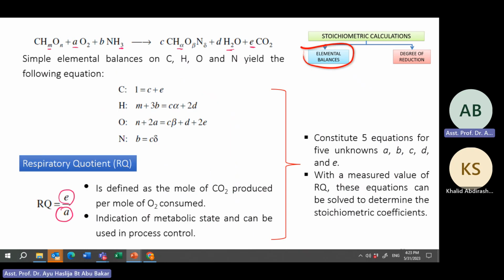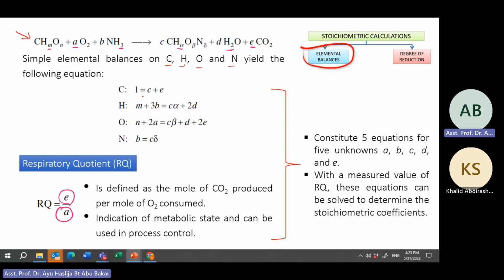This one, simple elemental balance on C, H, and O, yields the following equation. You are now year 3 and year 4 already, right? So you should know how to balance the equation already, correct? I don't need to go into details on balancing the equation. Now for C, there are a few unknowns over here.